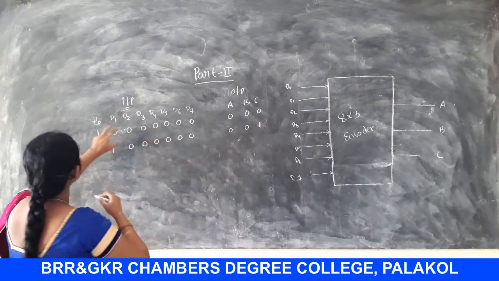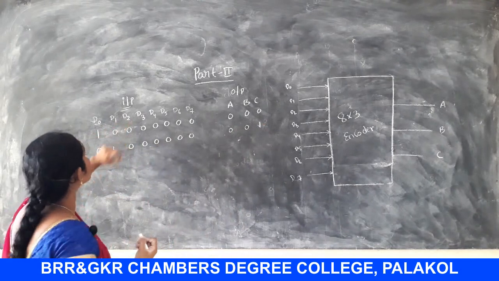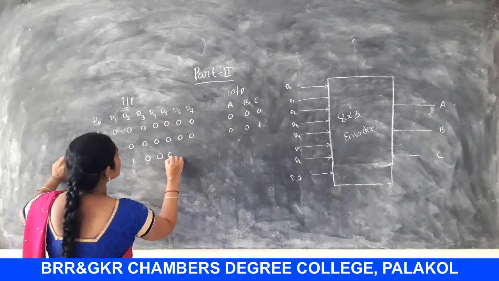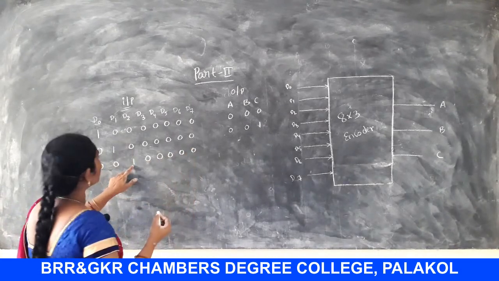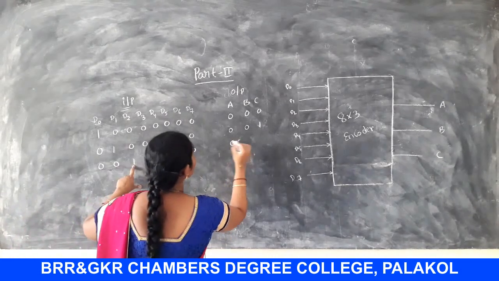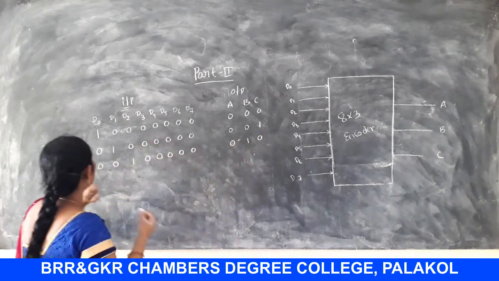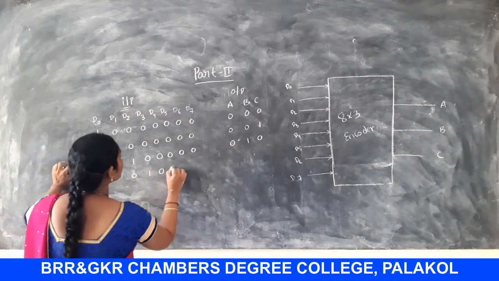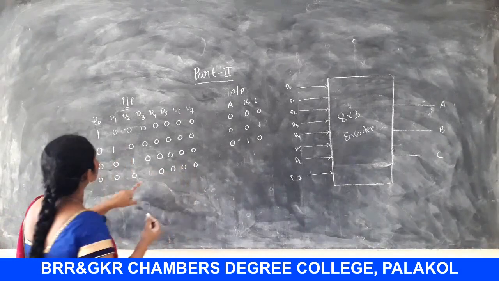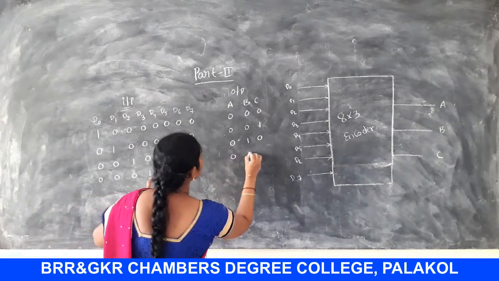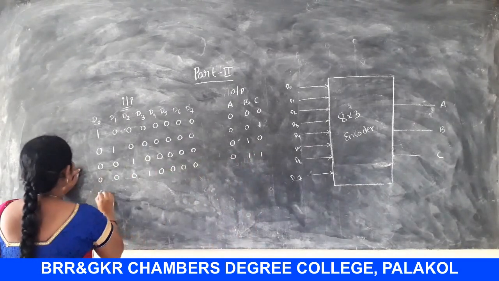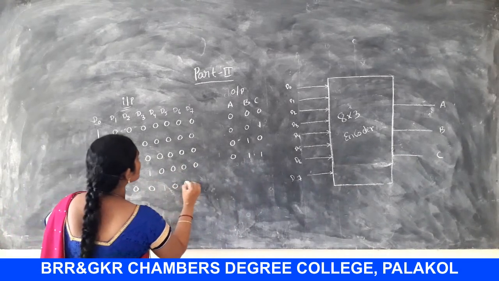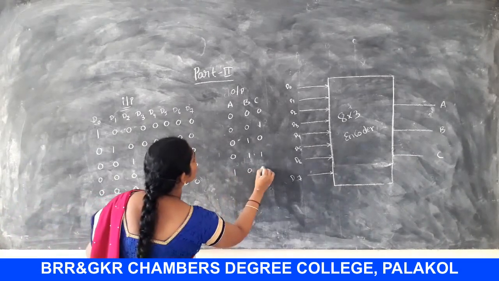Okay. So next input is D2. The corresponding binary value is 0, 1, 0 here. So next is D3, and the output is 0, 1, 1. Next is D4. We will give the input as 4. So the corresponding value is 1, 0, 0.